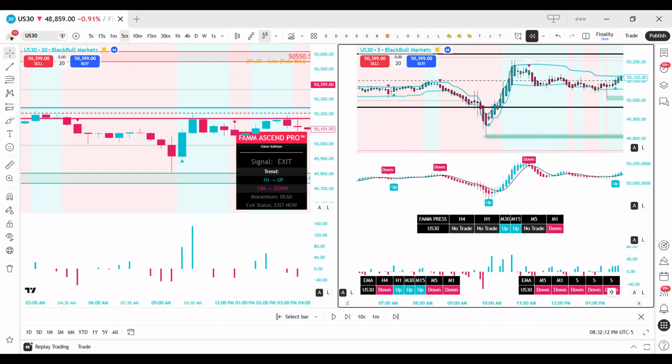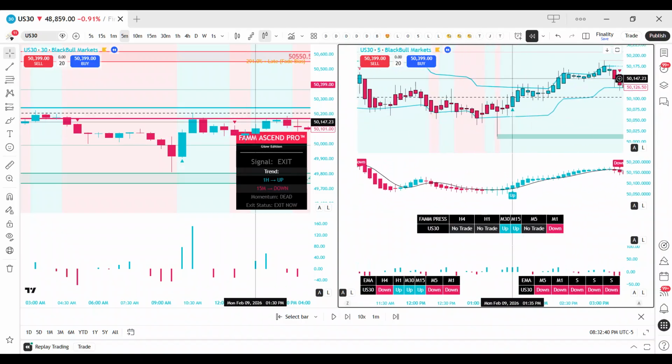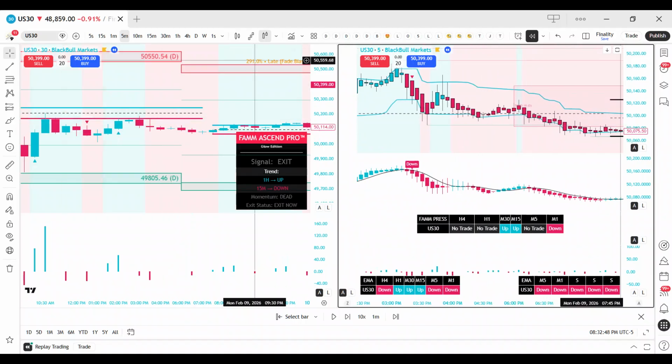So from the 4 hour all the way down to the seconds, it's letting you know what's going on. So never get overwhelmed. Just know that everything is letting you know what's going on. And it's all color coded. We're either in blue, we're pushing, these are blue, or we are in red, pink, and we are selling, right? And these bands are what it's bouncing off of in consolidation. So a lot of times it just bounces off of these, goes back and forth.